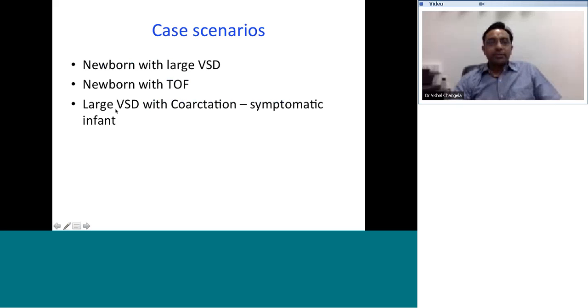So last two slides only. Case scenarios: a newborn with large perimembranous VSD measuring 8 mm, left to right shunt. Patient is completely asymptomatic, 4-day-old newborn baby. What will you give to this baby? Anybody?